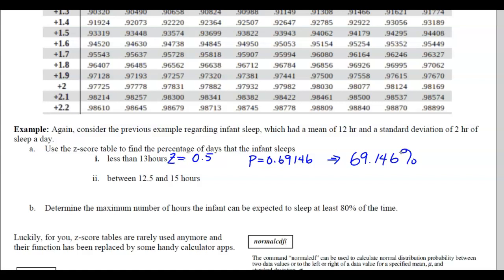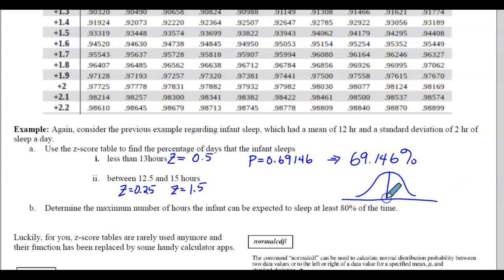Then between 12.5 and 15 hours. That's a little bit different in that case. This 12.5 would have a z-score of 0.25, and then 15 hours would have a z-score of 1.5. Basically we're going to have to use subtraction.